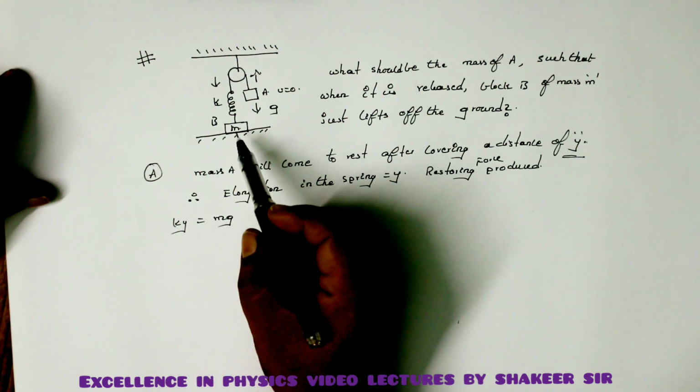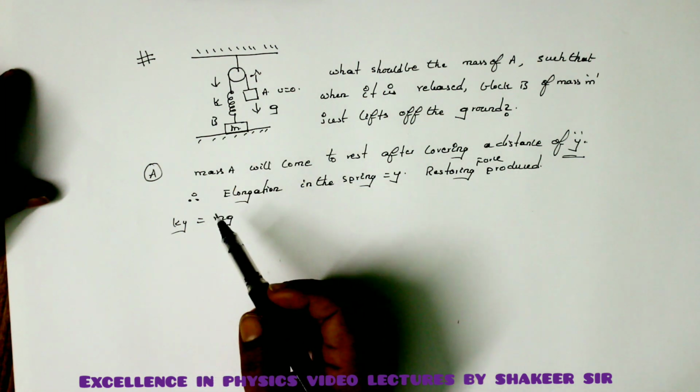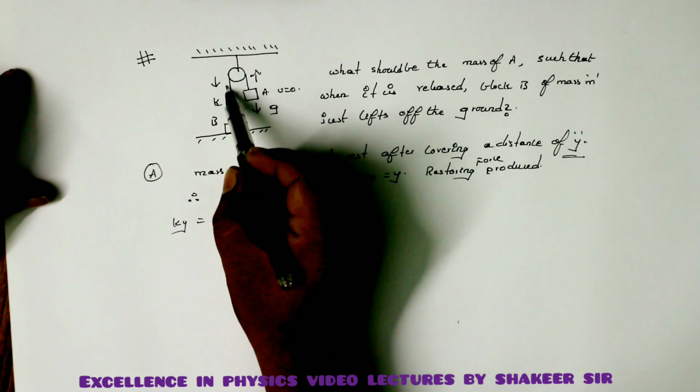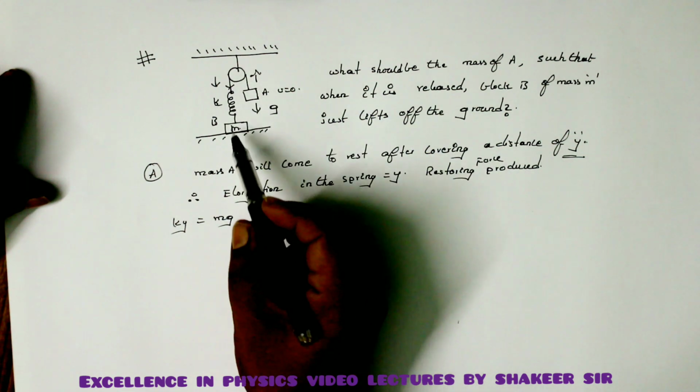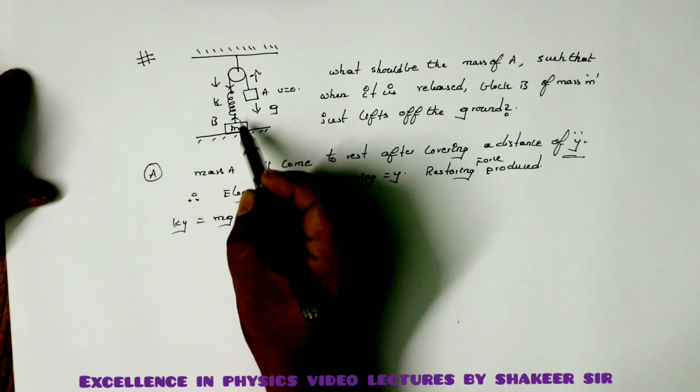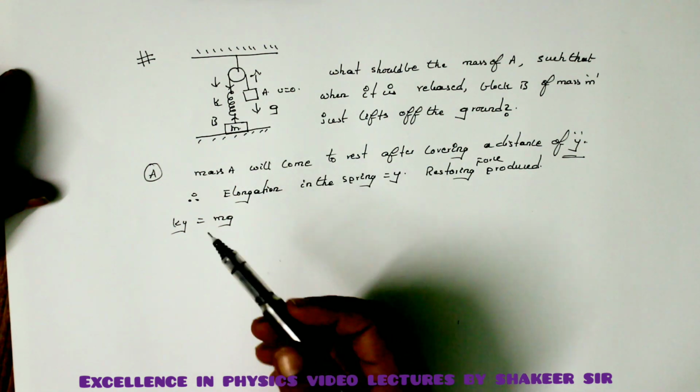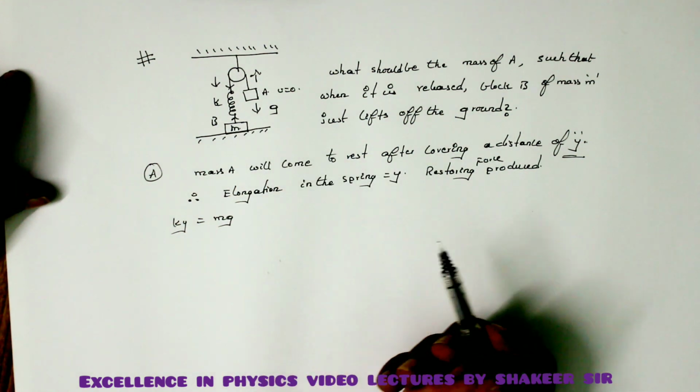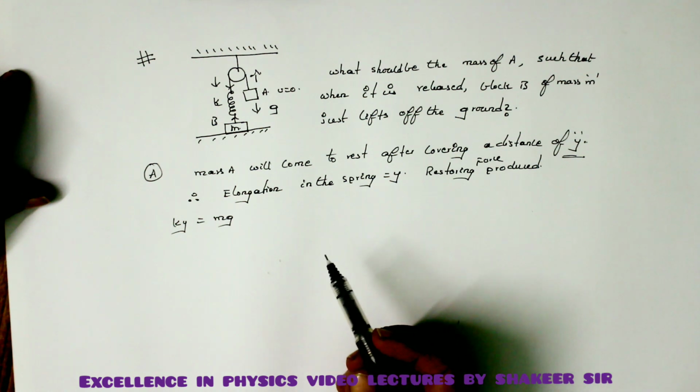We know that a spring always applies a force in both directions. On this side it is pulling this pulley downwards, and on this side it is trying to lift this mass upwards. So a spring always gives a double-sided force, just like tension.